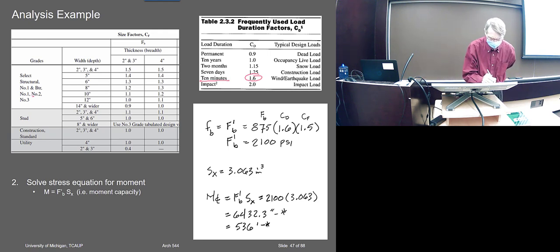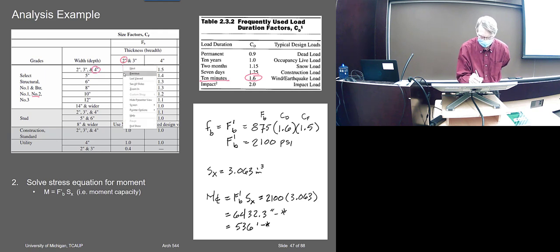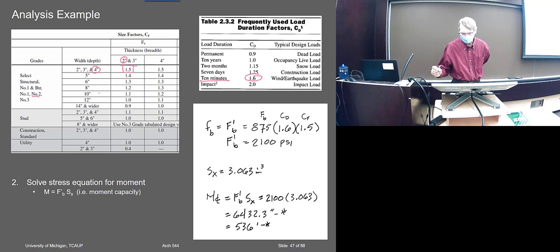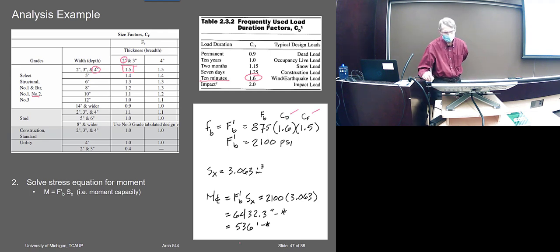We've got number 2, a 2 by 4, okay, so that would give me that 1.5. So there are my two factors multiplied on.